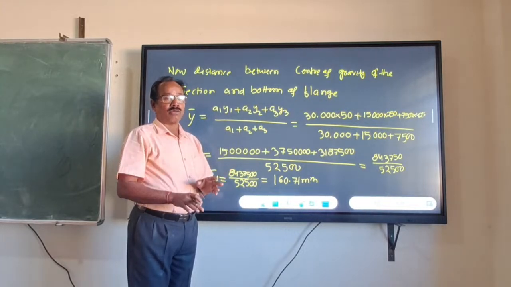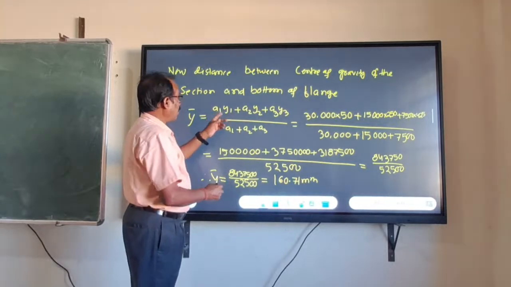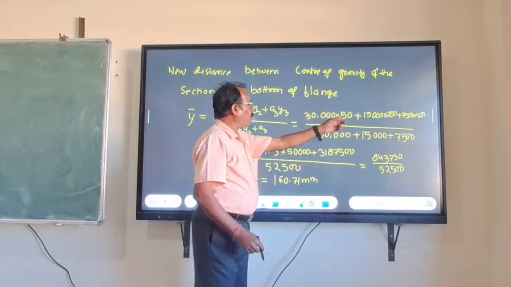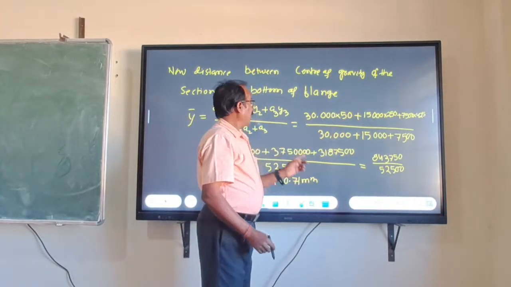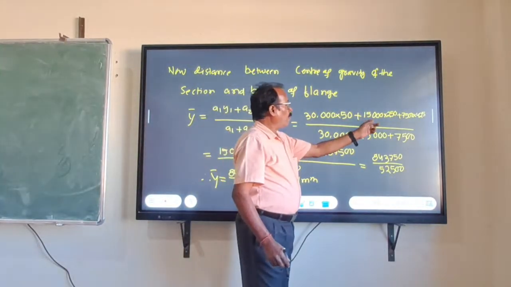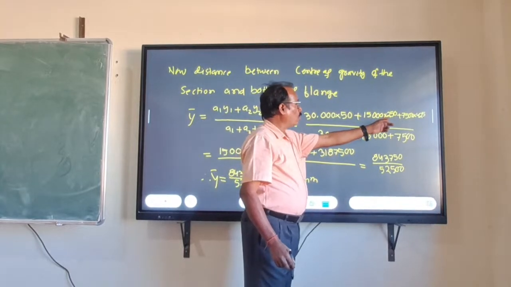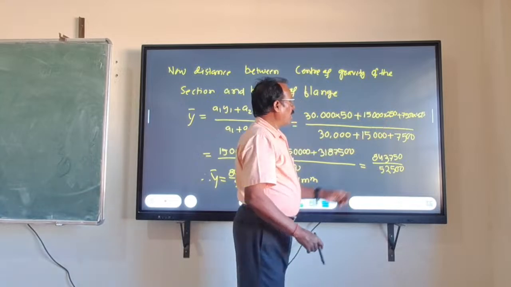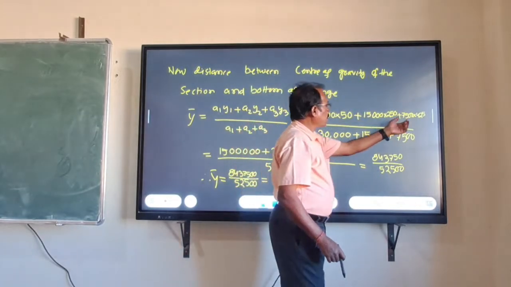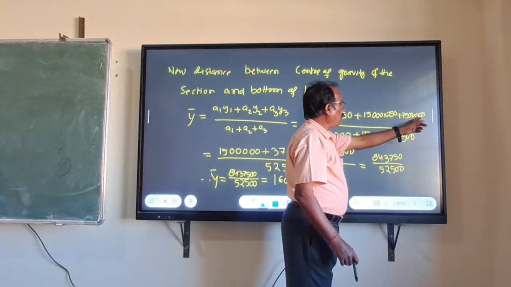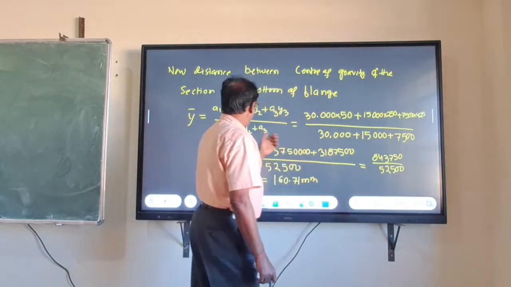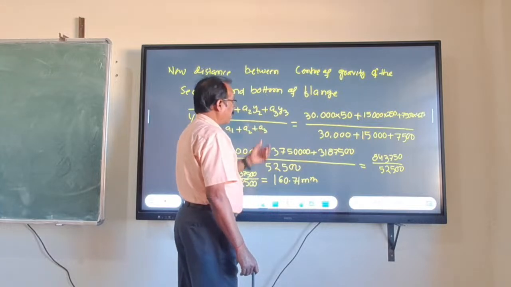Putting all the values we have, A1 is equal to 30,000, Y1 is equal to 50, plus A2 is equal to 15,000 into Y2 is 250, plus A3, 7500 into Y3 425, divided by A1 plus A2 plus A3.